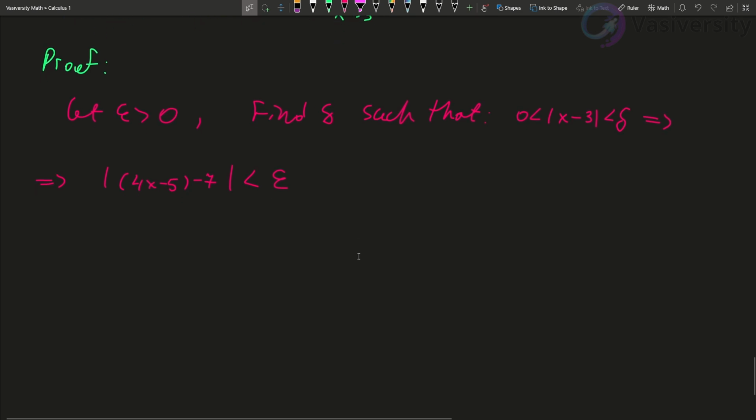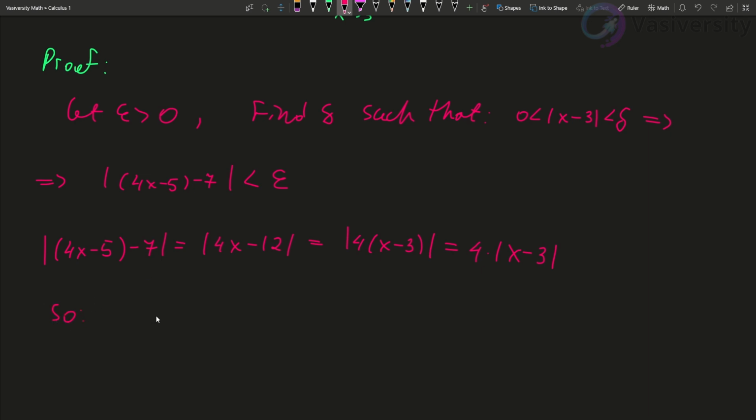Let's go ahead and work out the absolute value of 4x minus 5 minus 7. That's the same thing as 4x minus 12, which is equal to 4 times x minus 3. We factor out the 4, because it's positive. It's going to be 4 times the absolute value of x minus 3. Perfect.